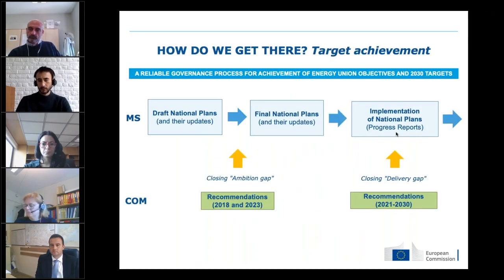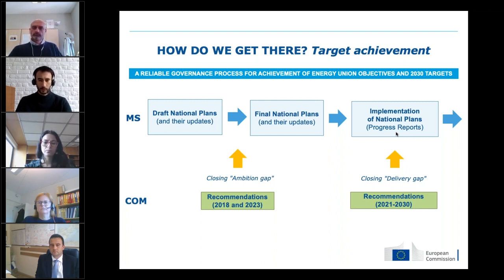So these NECPs themselves, we had two steps. We had the draft National Energy and Climate Plans at the end of 2018. We assessed them, and when I say we, the Commission, we provided an assessment and recommendations.